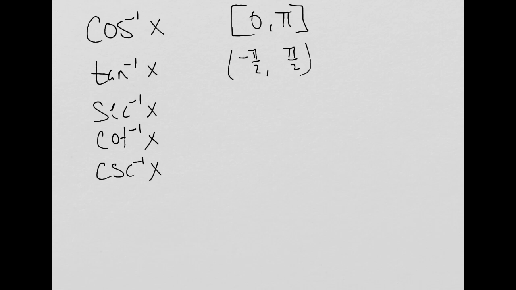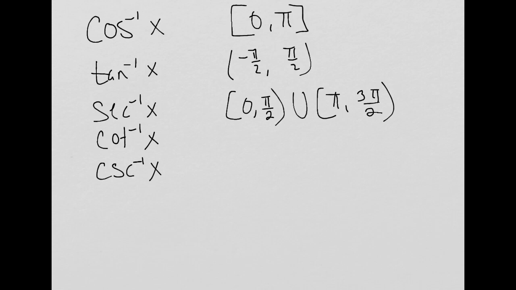The inverse secant gets even weirder because I actually have to break it up into two pieces. Zero to pi over 2, but we had an asymptote at pi over 2, so I can't include that. Now I actually have to take the union of that with pi to 3 pi over 2.